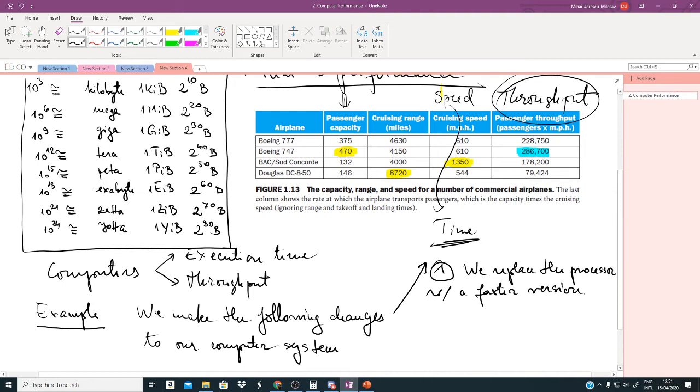And 2: we add more identical processors for separate tasks.